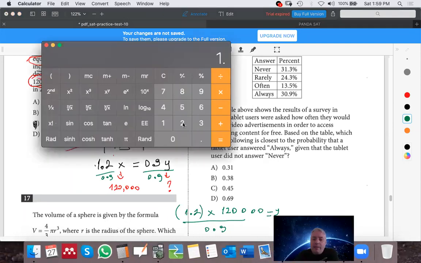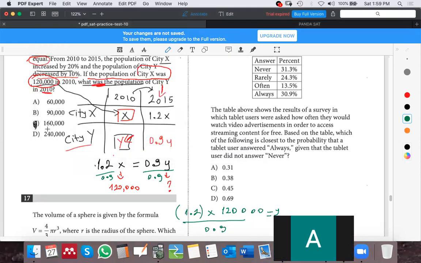By the way, I strongly recommend you always use your calculator. I mean, in the exam, whichever calculator you will use, use that calculator right now, or when you make any practice. So you will get used to that one. 1.2 times 120,000 divided by 0.9. It is this number, 160 and 3 zeros. That means this is the answer of the question.